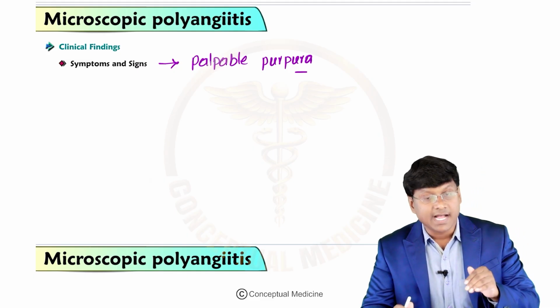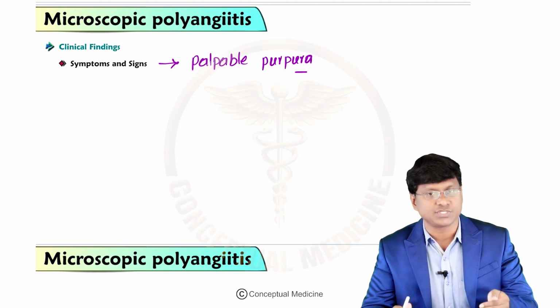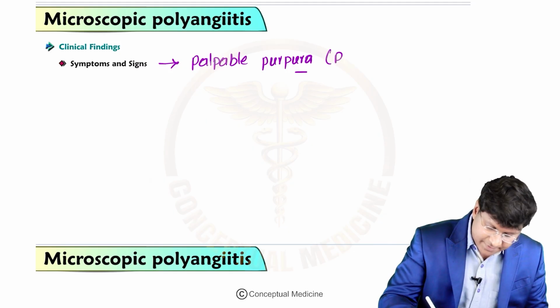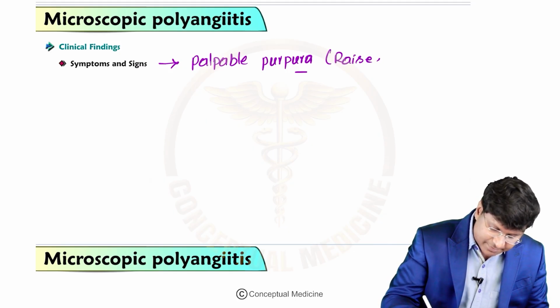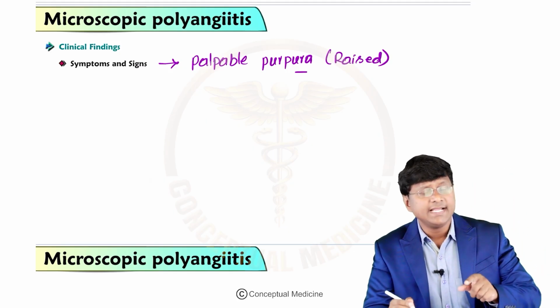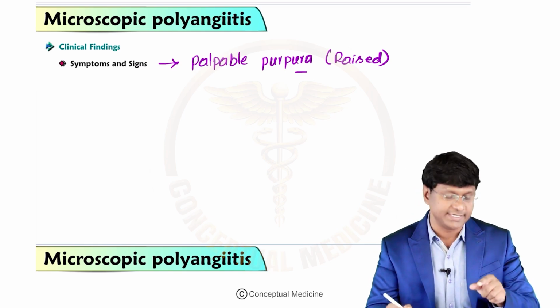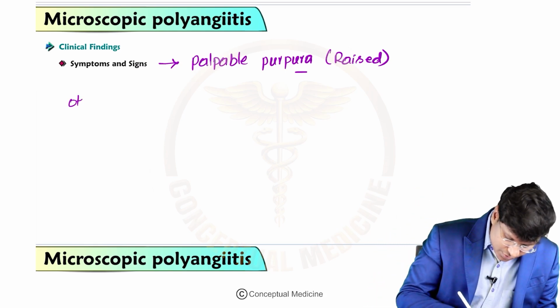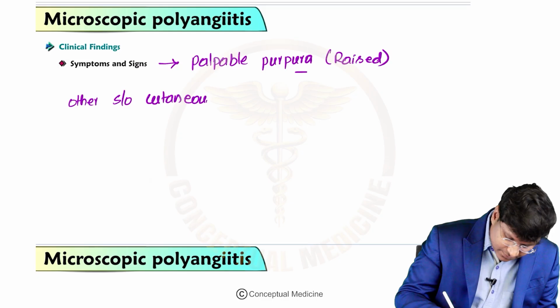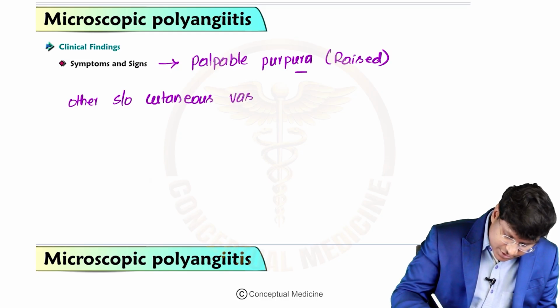These are raised palpable purpura, and other signs of cutaneous vasculitis.